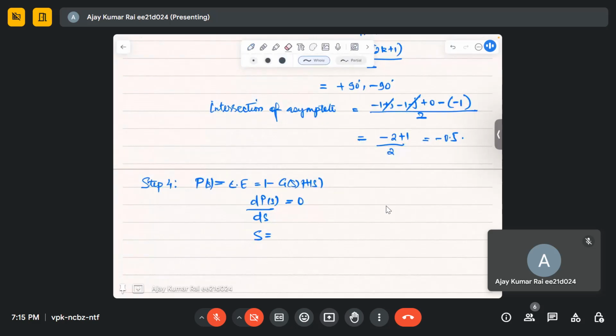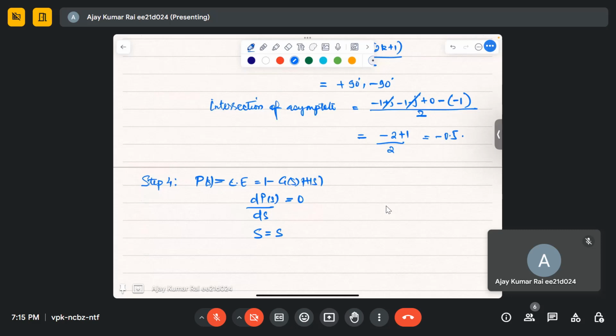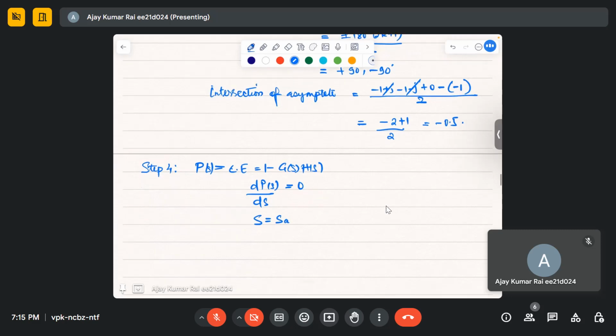Okay, so let me say that s is the breakaway point, sa, and for that sa, if you put sa in this equation, equal to 0, calculate the value of k, and if you're getting k to be negative, then we'll say a breakaway or break-in point exists or not. Okay, that is the procedure.